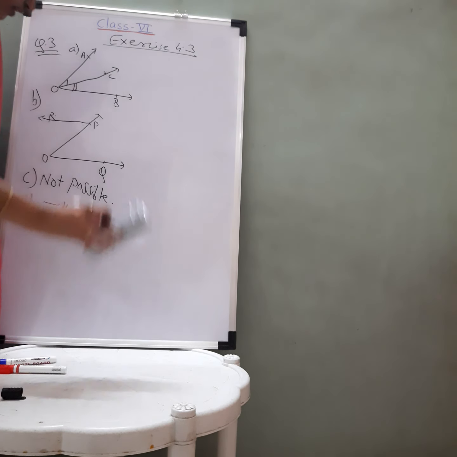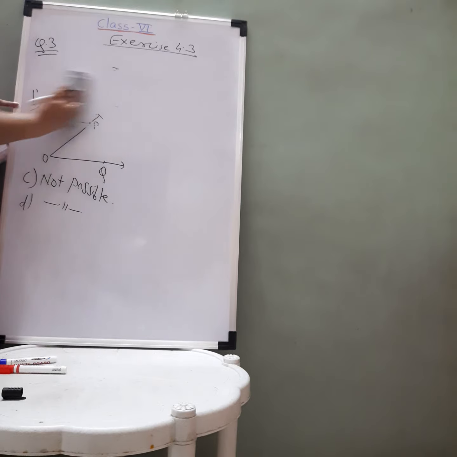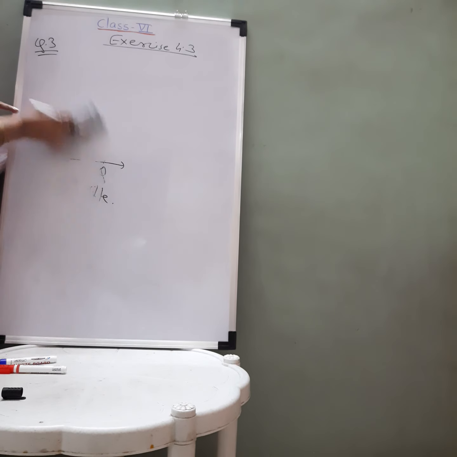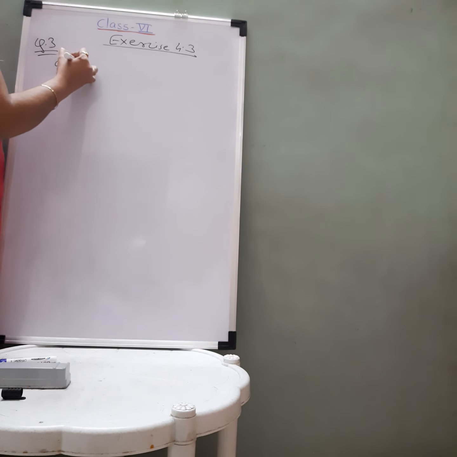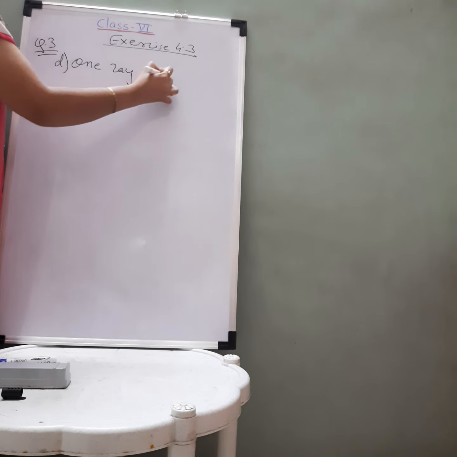Then the last one is 1 ray in common. Then D part is one ray in common.